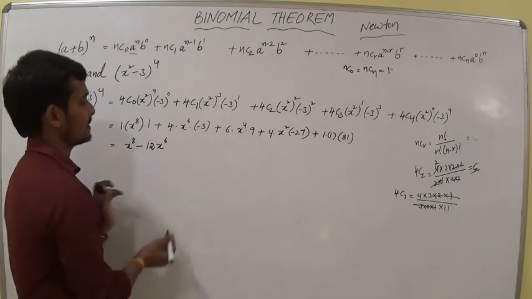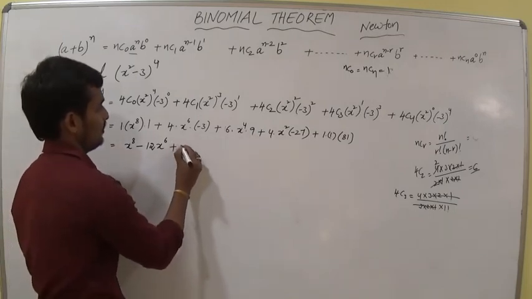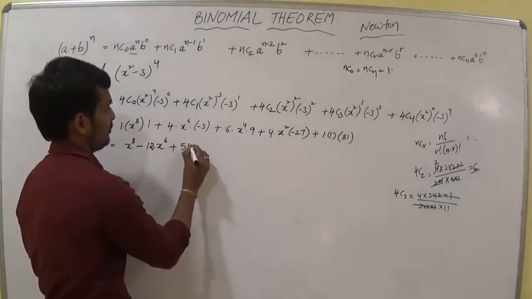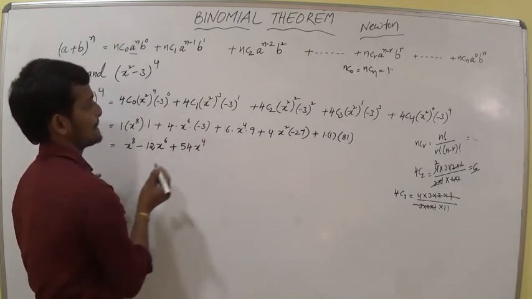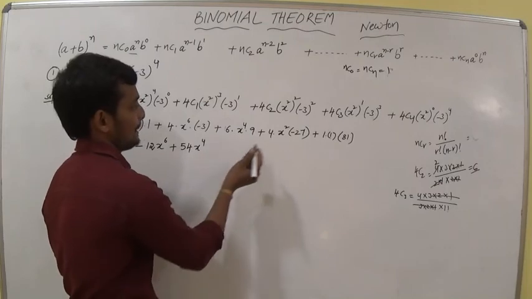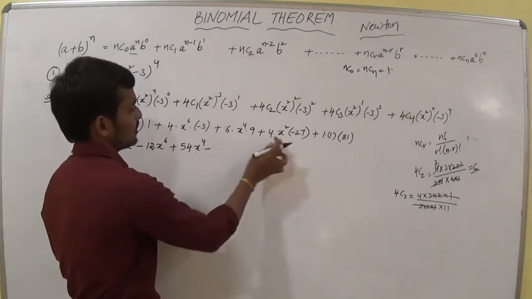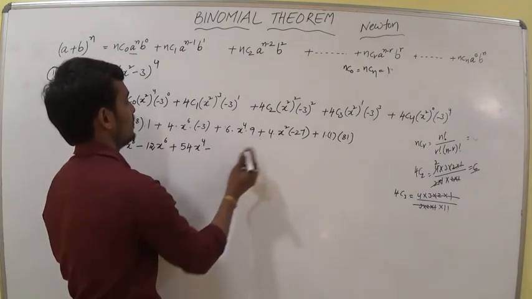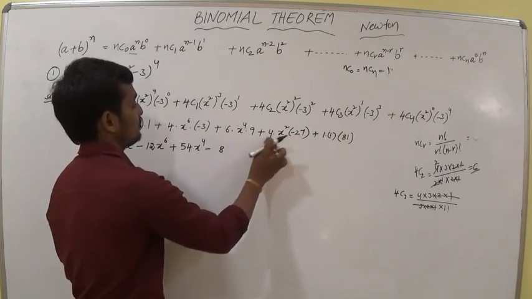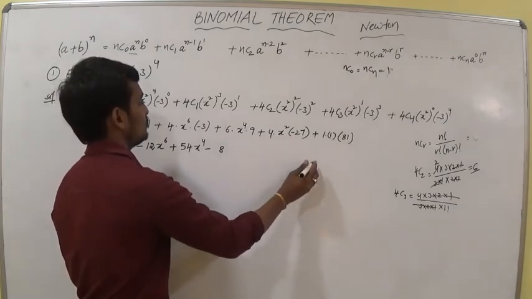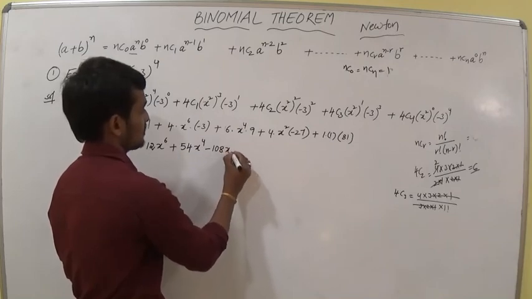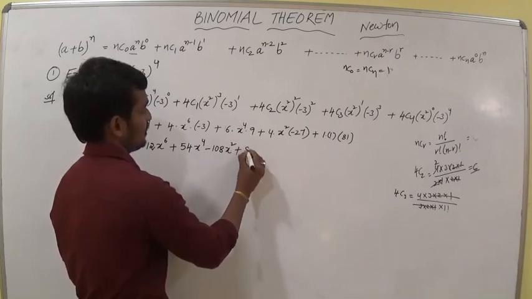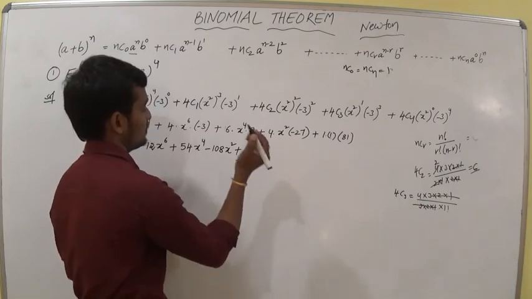Here 6 9s are 54, so 54 x to the power of 4. Here minus 27 4s are 108, so 108 x square, plus 81. This is the answer.